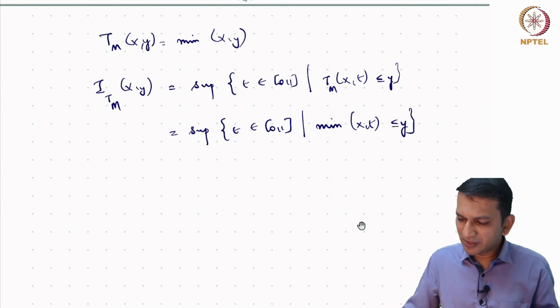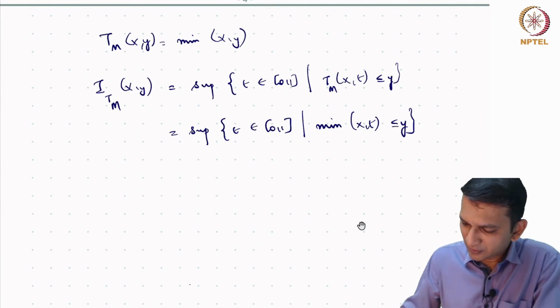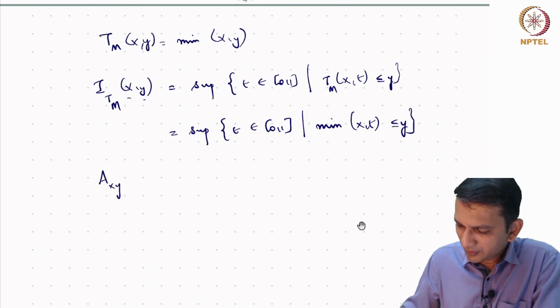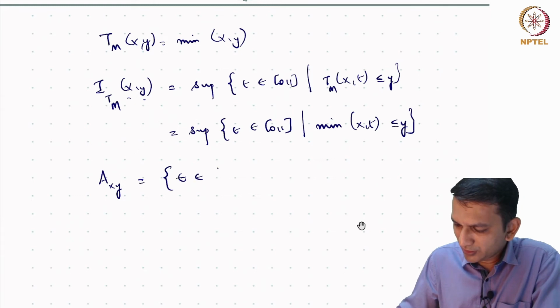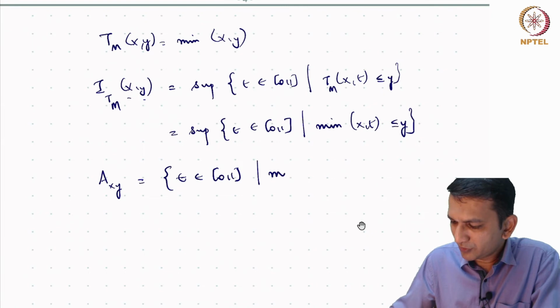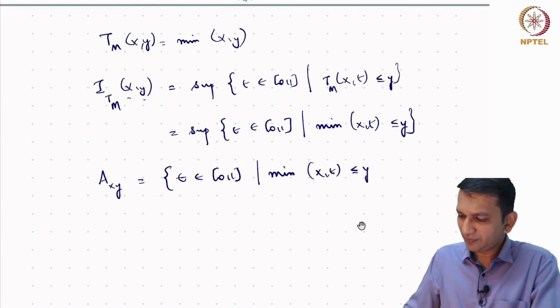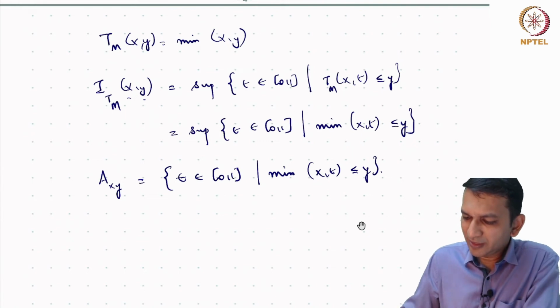So, to help us in this, for a fixed x comma y, let's call this set A_xy, the set of all those t element of [0, 1] such that min of x comma t is less than or equal to y. And essentially I_TM of x y will be the supremum of this set.